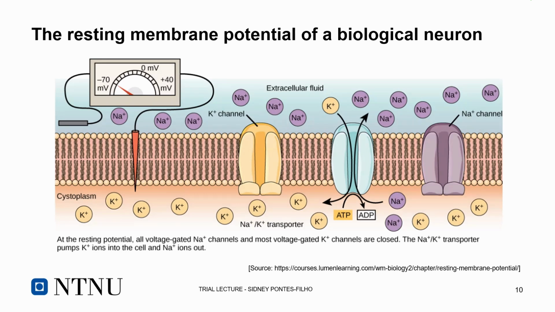They are triggered by the voltage of the membrane potential, or also by some neurotransmitters or chemicals. And we have the sodium and potassium pump that spends ATP energy to maintain this difference of membrane potential, and also the sodium ions outside and potassium inside.